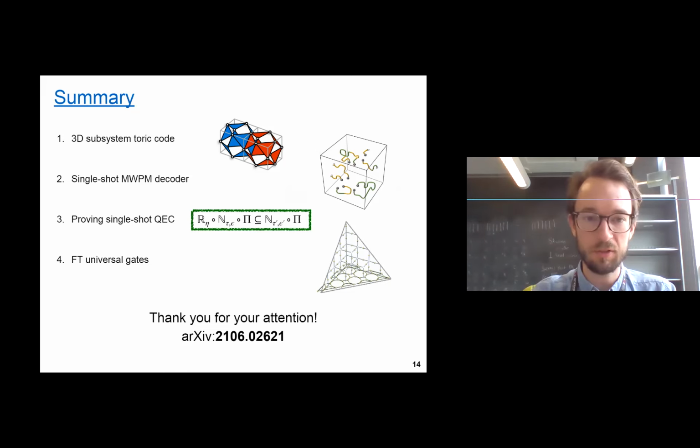For example, I did try to do this with the regular 3D toric code, where you take the simple cubic lattice with physical qubits on the edges, then your X operator is a 6-body operator associated with the vertex, and the Z are 4-body operators associated with the faces. So I wanted to construct the subsystem version of that, because it's more familiar. It'd probably give better performance with the stabilizers at a lower weight, but I couldn't. I don't know how to do that.